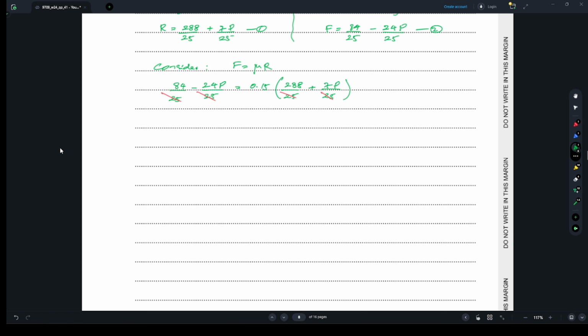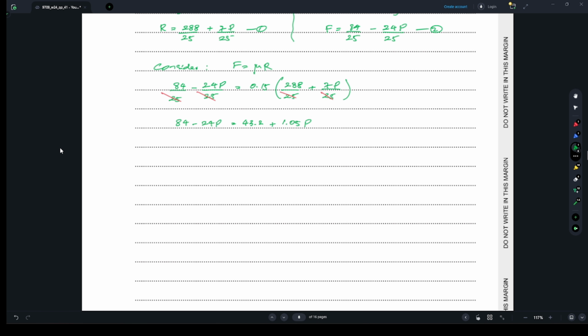Here we have 84 minus 24P, and on the other side we have 288 times 0.15, which is 43.2, plus 7 times 0.15, which is 1.05P.